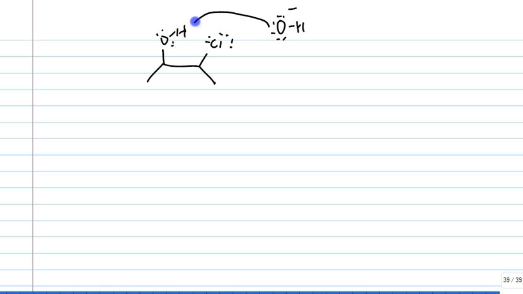So this is where it gets a little bit weird. Whenever you have a good nucleophile and a good leaving group on the same molecule, it can react with itself. Seen this before? Let me give you an example of that.